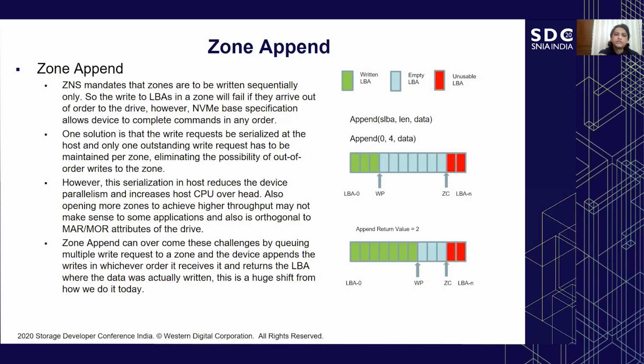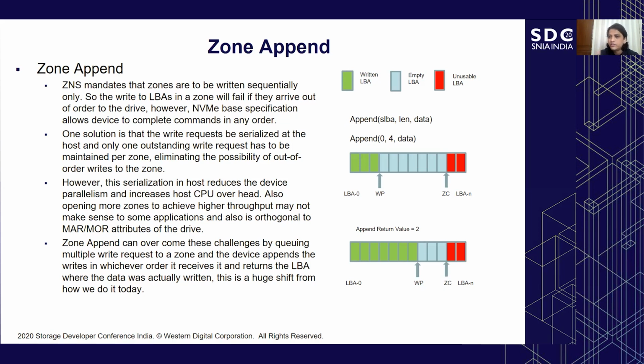So to improve throughput, we cannot have an infinite number of zones, or all zones, opened at any given point of time. This also hinders the maximum throughput that we can achieve on a ZNS drive.